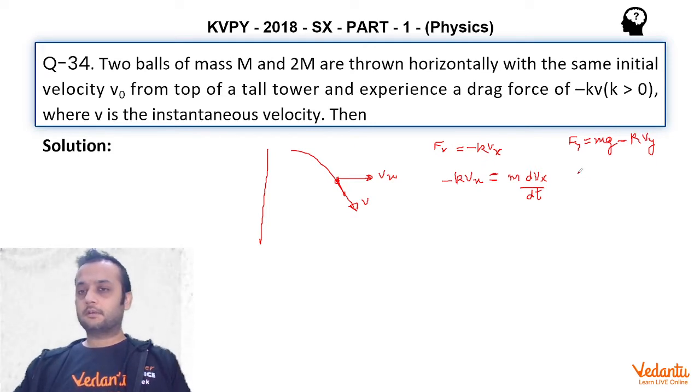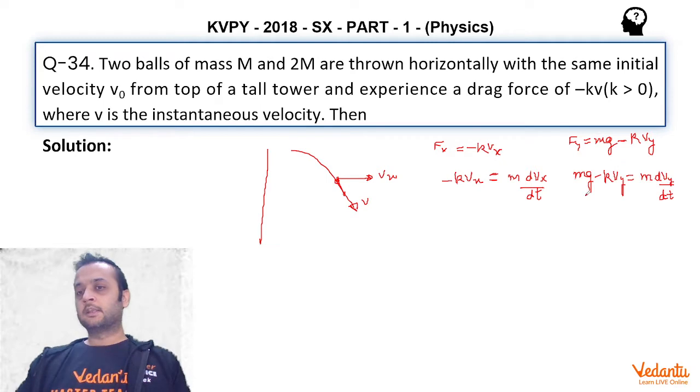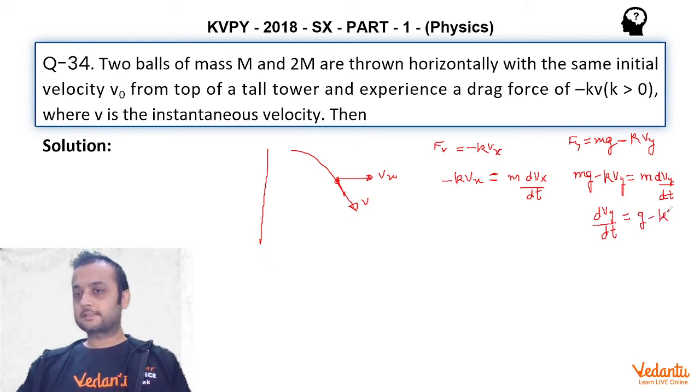So we can write mg minus kvy is equal to m dvy by dt. Okay, so from here you can see that dvy by dt will be equal to g minus kvy by m.